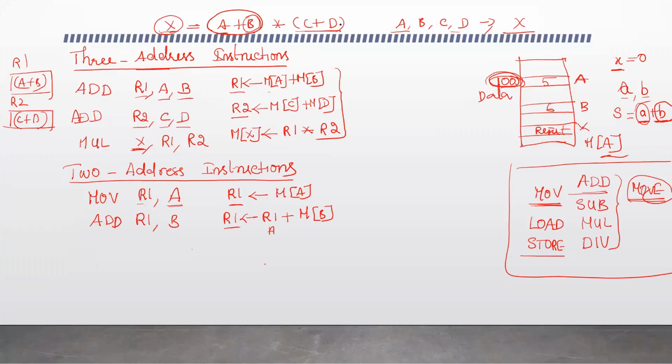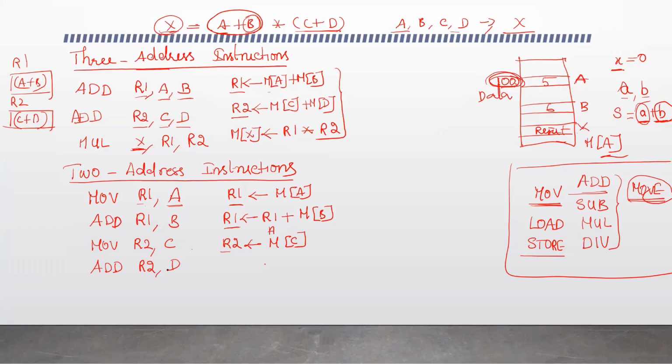Now we have to do the same for the second part of the expression, C plus D. So let's take another register, R2, and move C. This operation moves the content of memory at location C to R2. Then perform addition: add R2 comma D, since C is already in R2 and D is the memory operand.